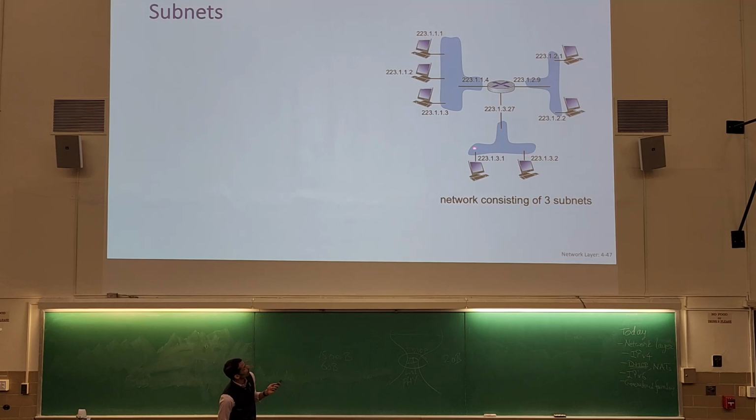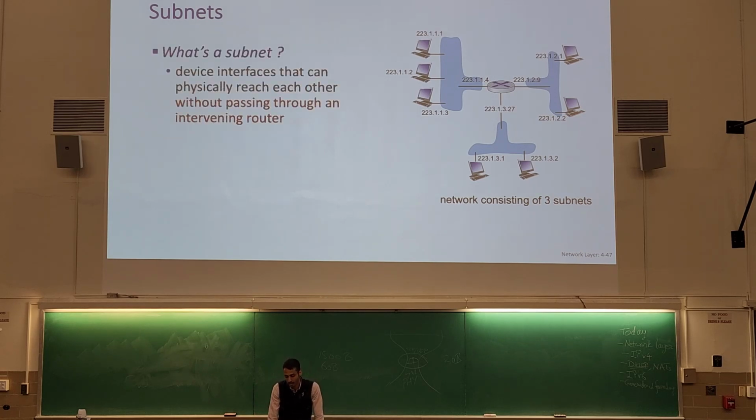So in order to go from any machine here to any machine here, or anywhere in this blue island, you don't have to go through an intervening router. And so that is the fundamental defining property of a subnet: this is the contiguous portion of the network, to reach every bit of which you do not have to pass through an intervening router.